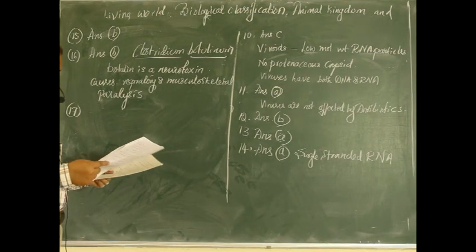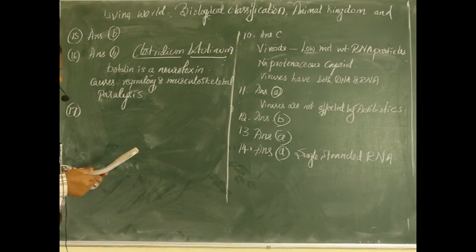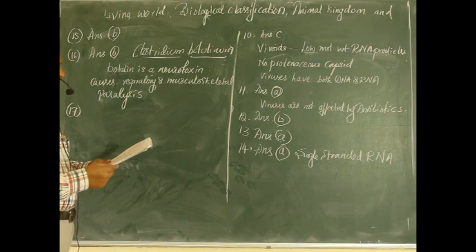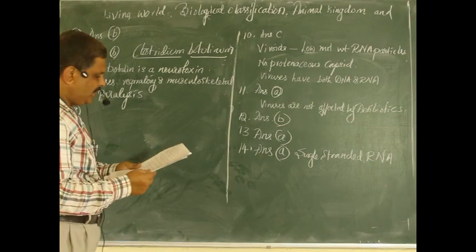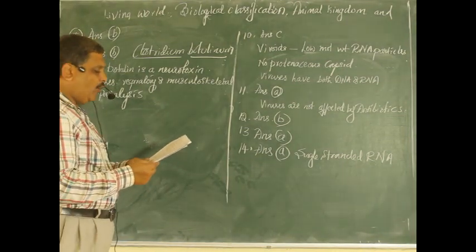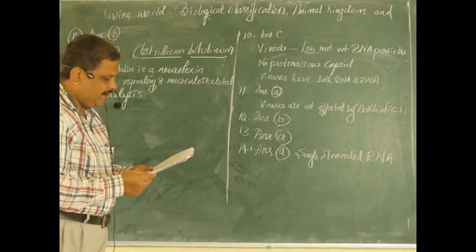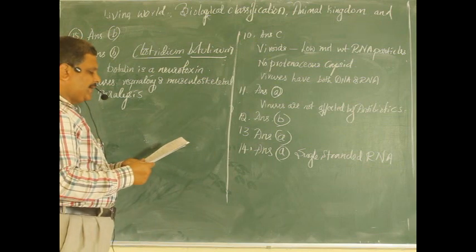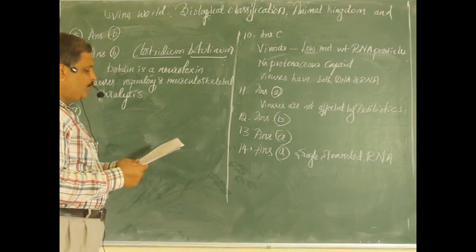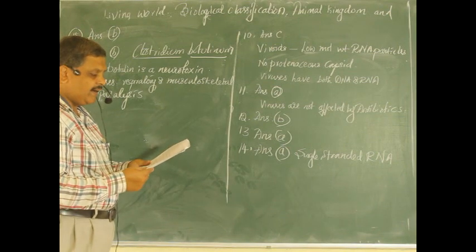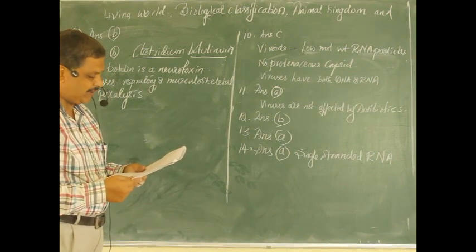Question number 17. Which one of the following is correct? Option A, slime molds are haploid. Option B, protozoans lack cell wall. Option C, dinoflagellates are immotile.